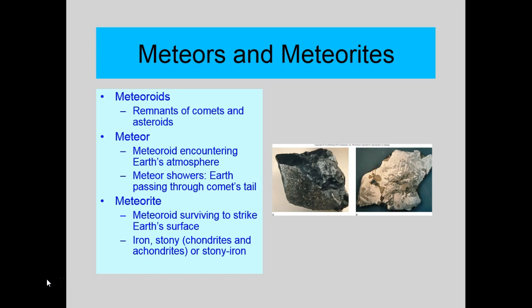The smooth black surface, okay, was melted by compression in the atmosphere. In other words, as the surface got hot, it melted, but then when it recooled, it formed this glassy kind of surface. Okay?